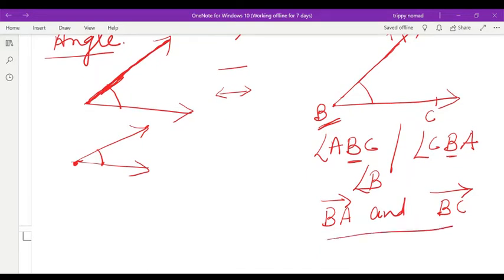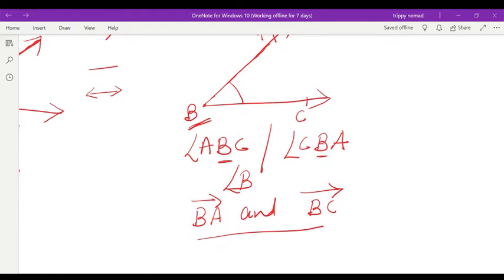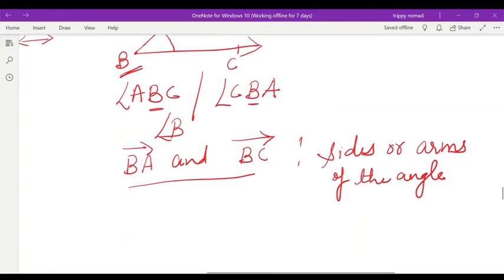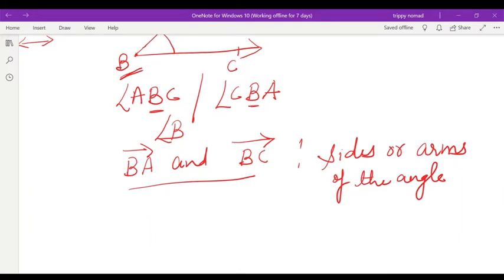These are called sides or arms of the angle. Now, the point B is called the initial point, or starting point. I hope you understood till that.